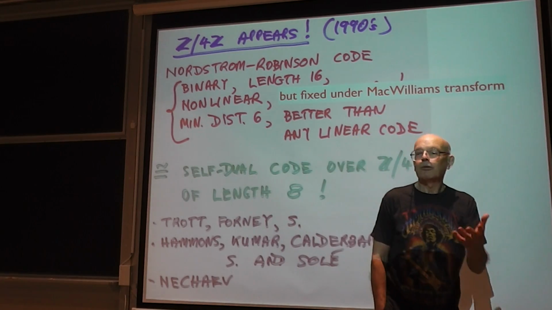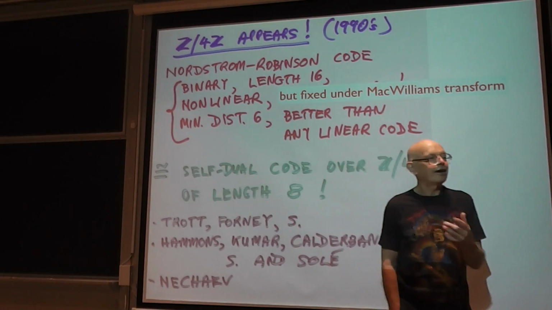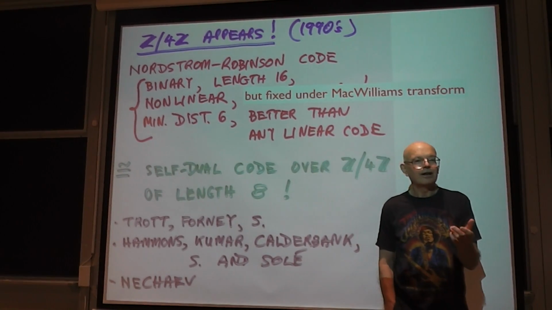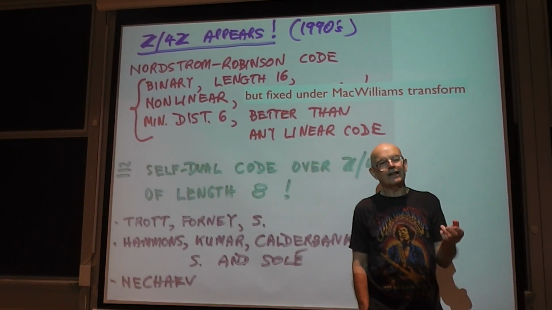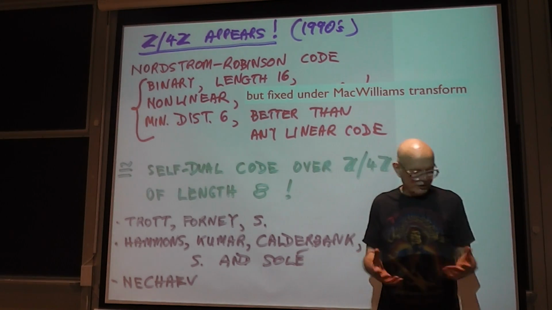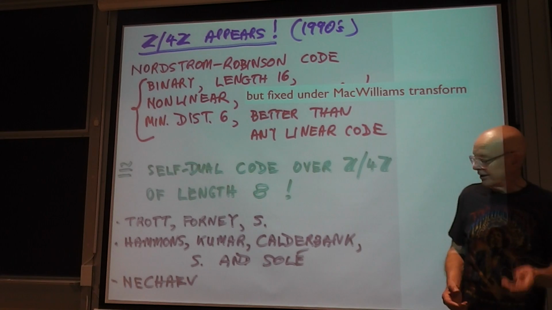And you can get it. We worked quite hard on this after it was discovered. We found you can get it by taking the Reed-Muller code of length 16 and taking 7 cosets of it in a non-linear way.